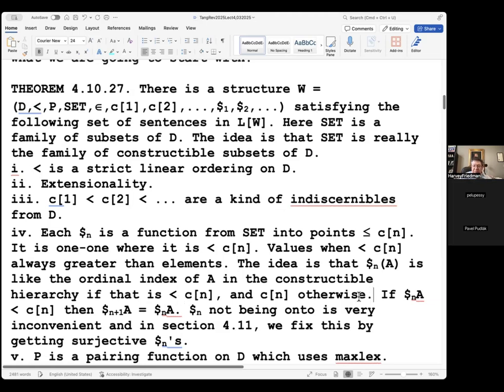In other words, it's important in the theory of constructible sets that you have a well ordering of the constructible sets. You have a nice map from a constructible set to its ordinal, and make it 1,1.